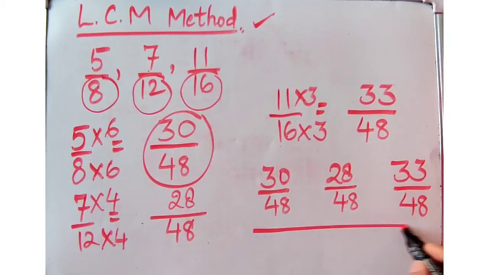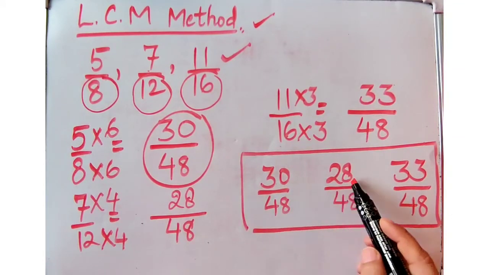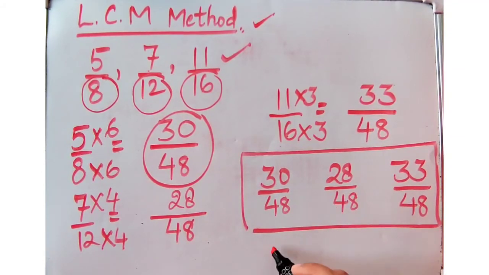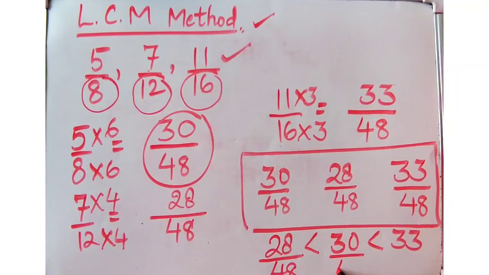Now, we will compare these three fractions, as we have changed the given unlike fractions to like fractions, that is, fractions having the same denominator. So, here we have to compare the numerators now. We know 28 is less than 30 and 30 is less than 33. That means 28 by 48 is less than 30 by 48 is less than 33 by 48.